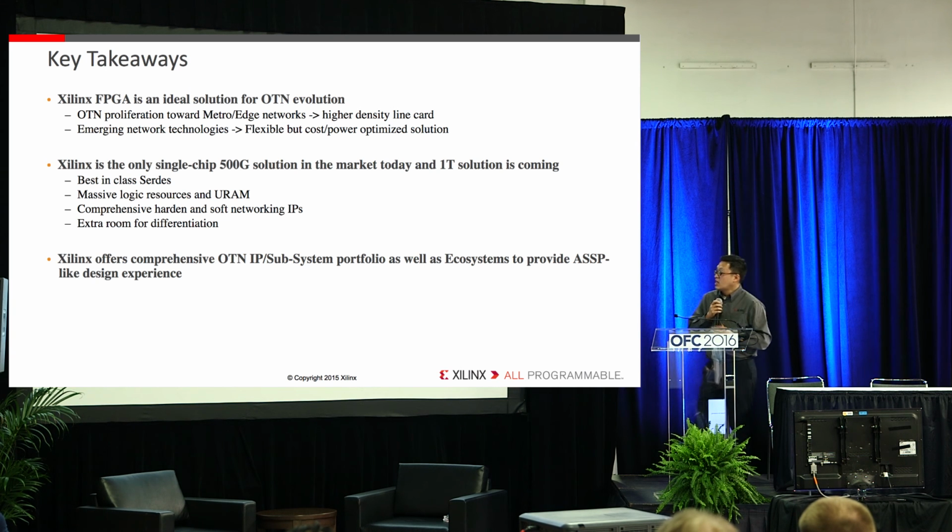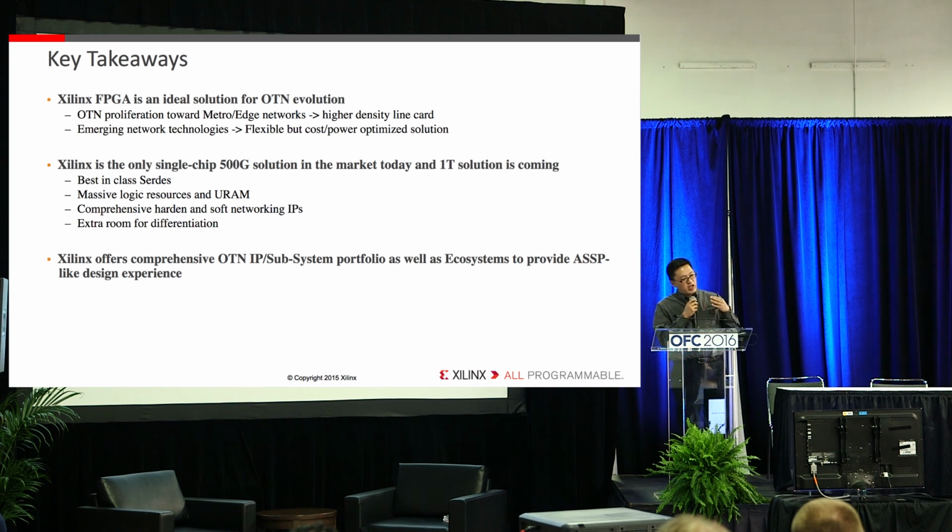All right, so here's the last slide, and here are the key takeaways I want you to take away. So we believe FPGA is a good solution for OTN. We definitely see OTN proliferating to metro, and there's a requirement for higher density. Normally people might think that higher density might not be ideal for FPGA, but if it's a higher density of a simple function, then it is a very ideal solution using FPGAs.